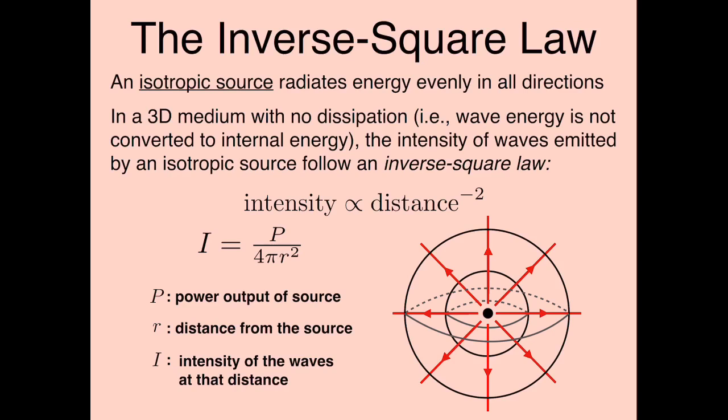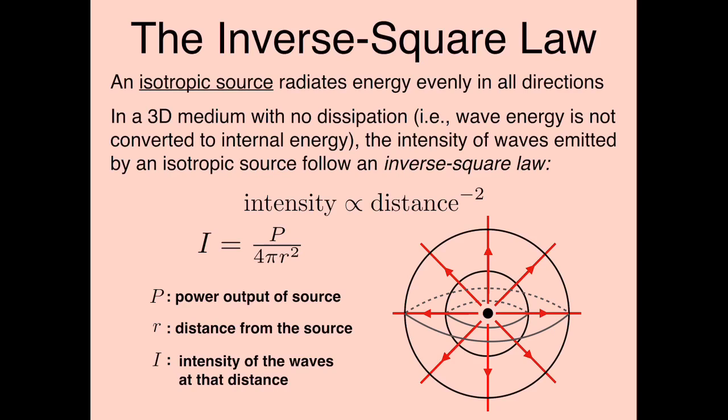Okay, so with that said, let's imagine we have a three-dimensional medium for our waves to move in that has no dissipation. It means the wave energy is not being converted to internal energy. We don't have things like friction that take away wave energy.